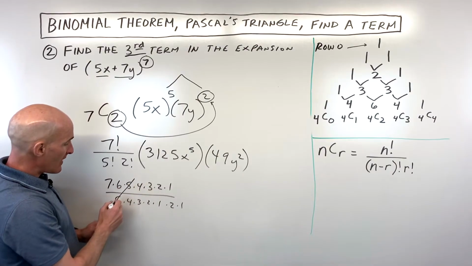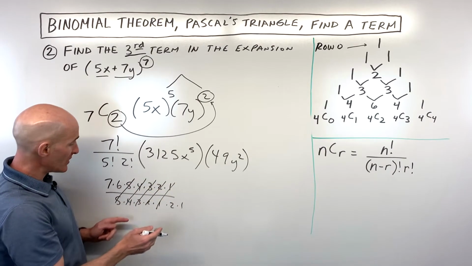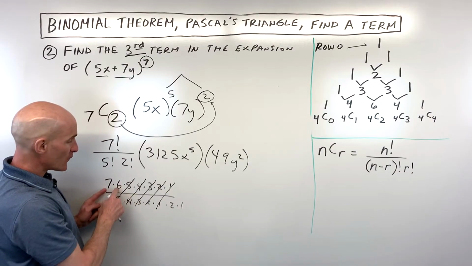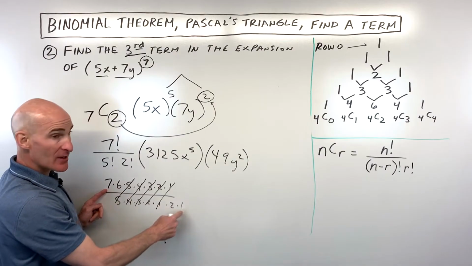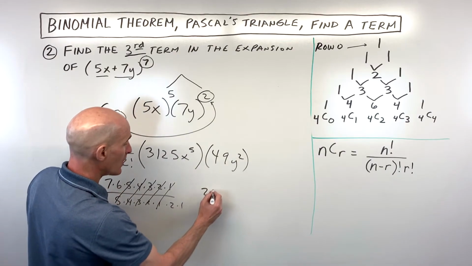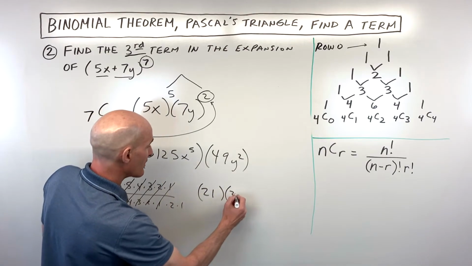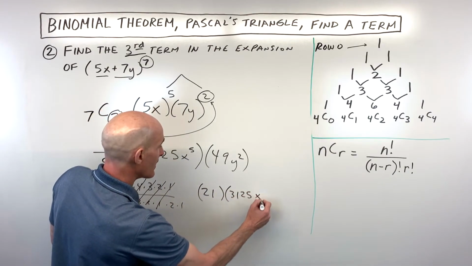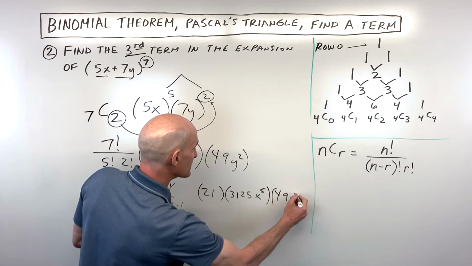So notice the 5, 4, 3, 2, and 1 cancel numerator and denominator. 7 times 6 is 42, 2 times 1 is 2, 42 divided by 2 is 21. So we have 21 times this whole quantity, 3,125 x to the 5th times 49 y to the 2nd.